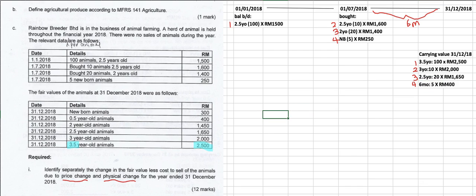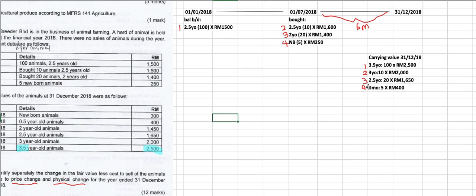Okay, so what you times here is actually the fair value of that age group on 31st December 18. So this one you will get 250,000. Okay, maybe I just put it in the next cell.